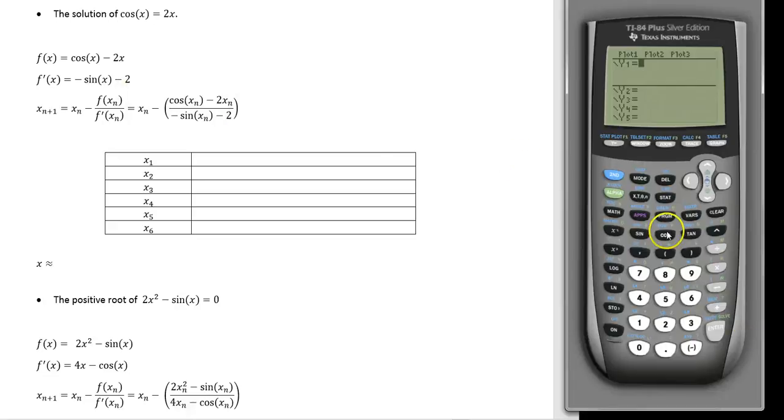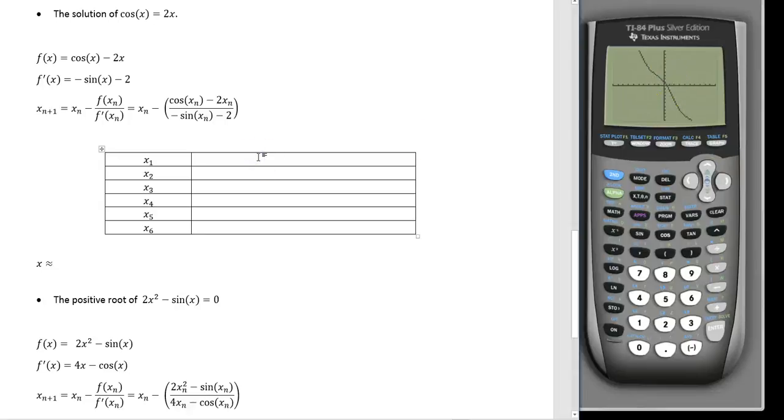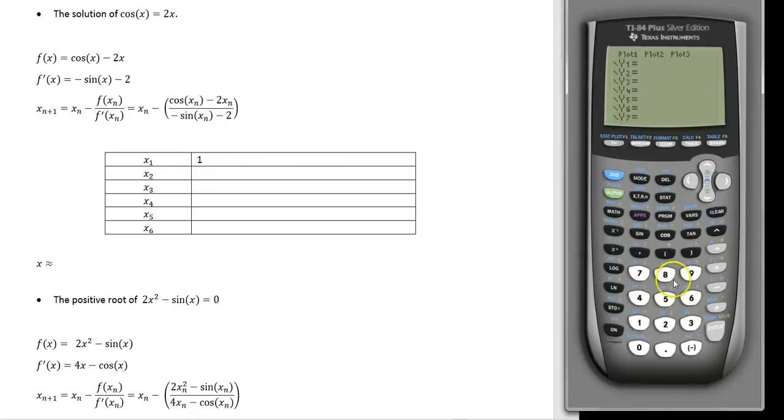So let's think about what will make a good initial guess. I want to graph the function cosine of x minus 2x. And it looks like that solution there is somewhere between 0 and 1. So I'm just going to go ahead and guess 1 as the initial guess. Then we go back to our y equals, clear out the function that we had, and we need to enter in the quantity here.